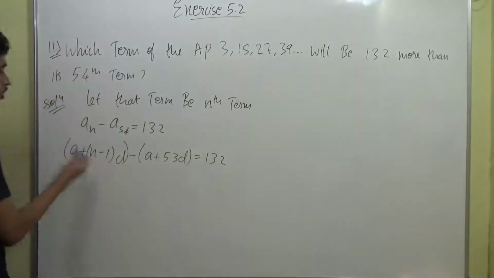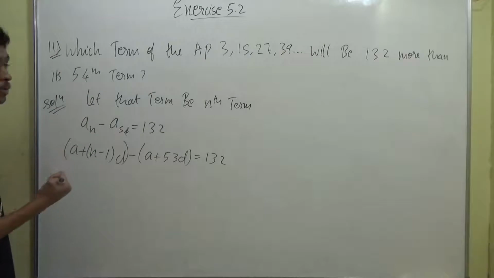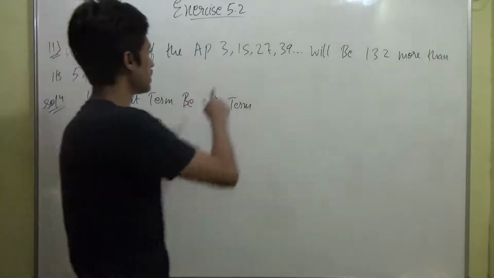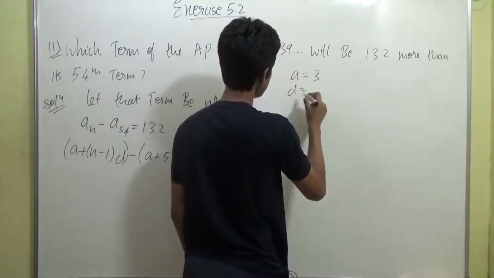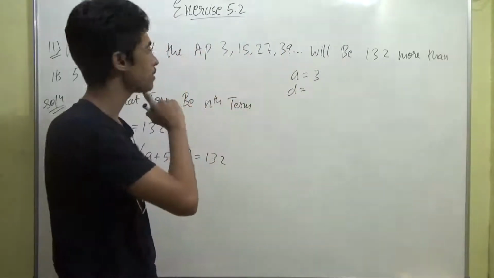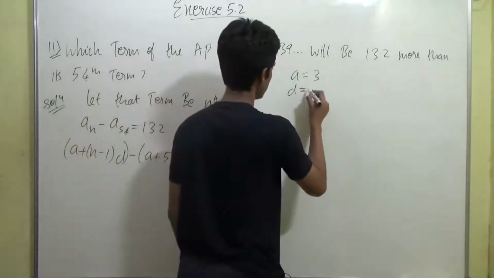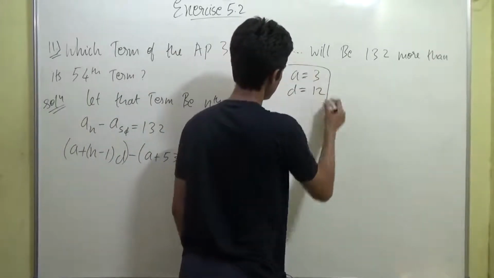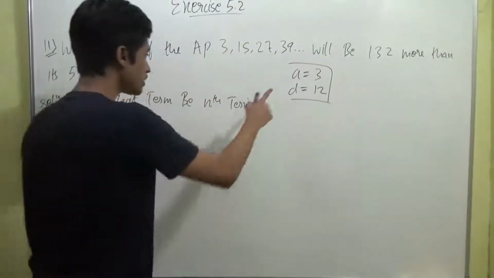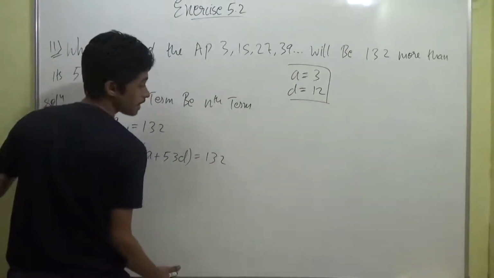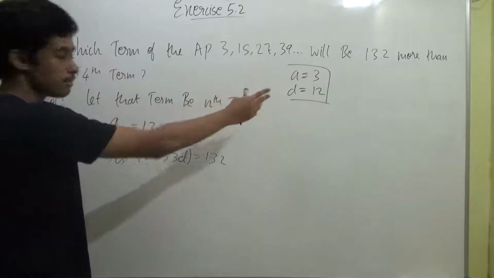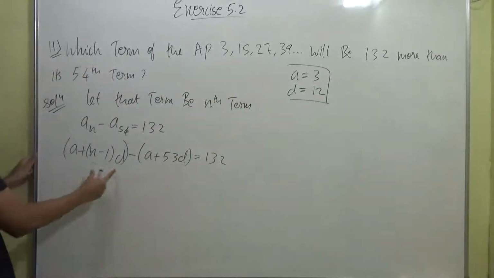Now we have to find the value of n. A and D we know, we can get them from the AP. A is 3 and D is A2 minus A1, that is 15 minus 3, that is 12. Putting the values of A and D back into this equation, we'll get the value of n.